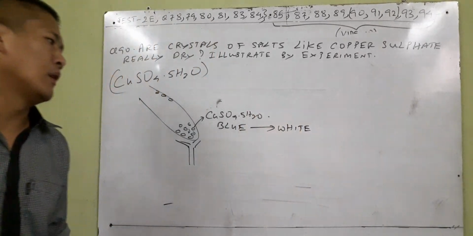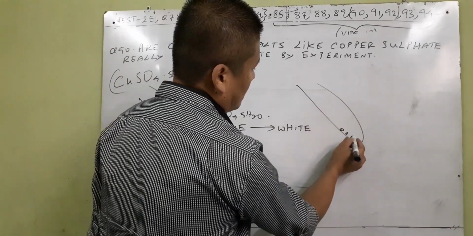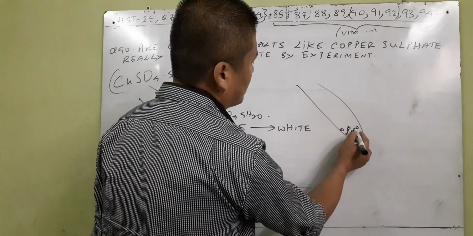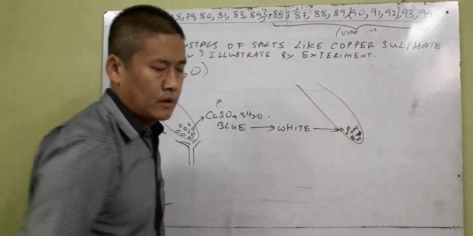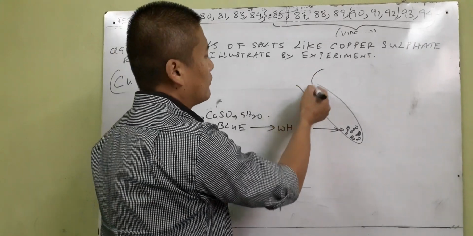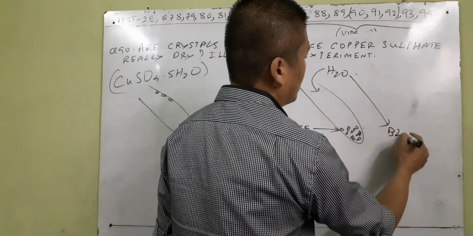That is interesting. After heating, the water is removed from the copper sulfate and it turns white. Then you add a little bit of water again, and it turns blue again.